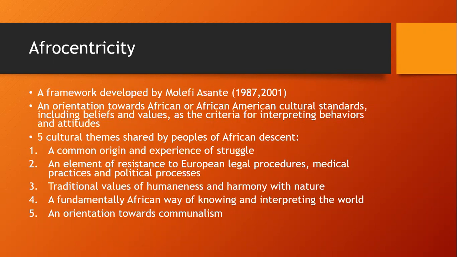People of African descent always have this harmony with nature, very beautiful. The fourth one is a fundamental African way of knowing and interpreting the world. And the fifth one is an orientation towards communalism. So how African people work in a certain way is through sharing these 5 cultural themes.